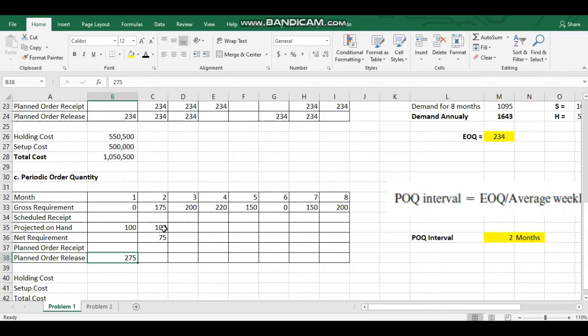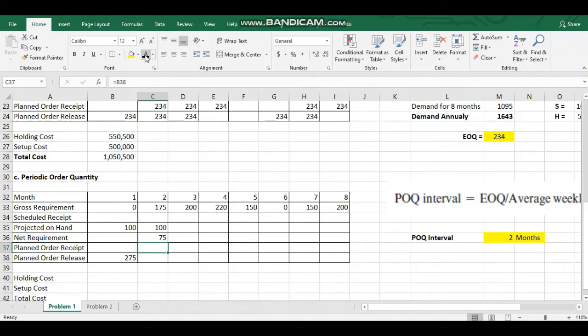Where do we get it? By adding this net requirement plus the gross requirement for the next month, which is the third month. The gross requirement for the third month is 200, so the planned order release is as much as the net requirement for this month plus the gross requirement for the next month.